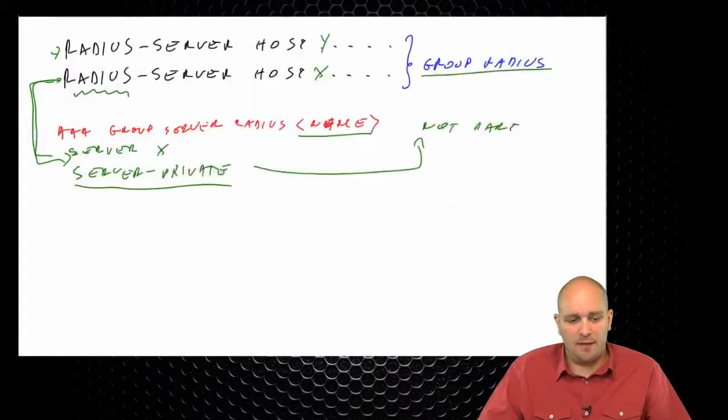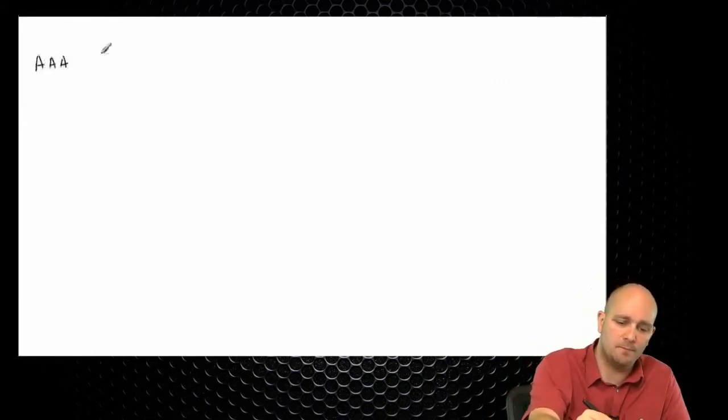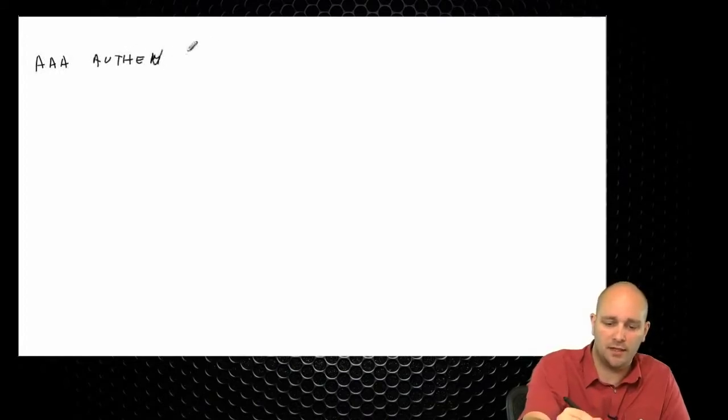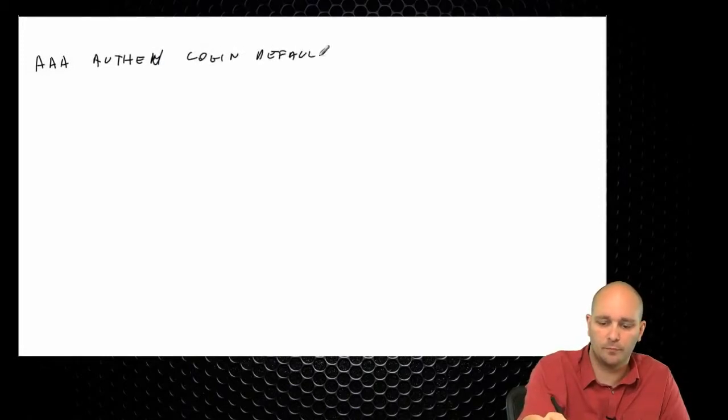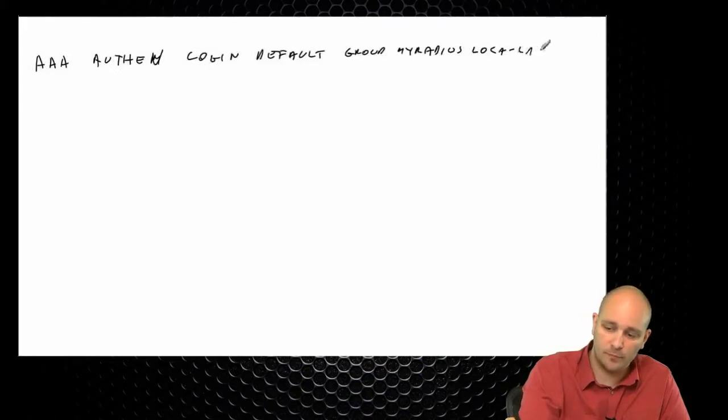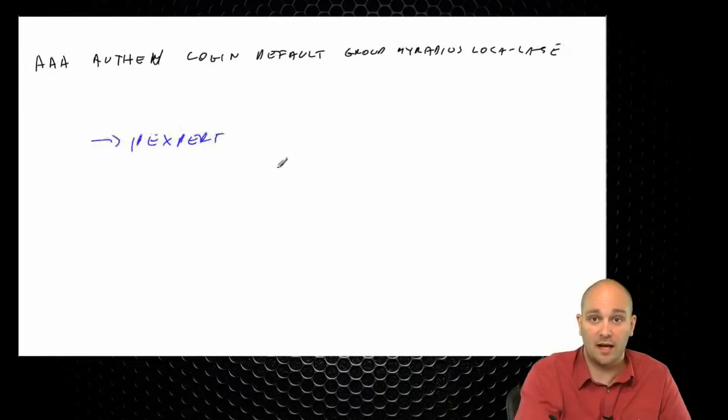This is tricky because what's going to happen is if I have my command defined as, say, AAA authentication login, let's say default, and I say group my radius and then local case, what's going to happen is, let's say that the user IPExpert logs in, attempts to log in.